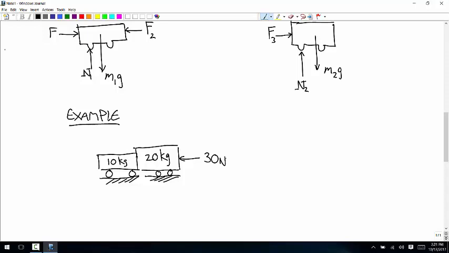Okay, so let's say we want to know what's the force applied on the 20 kilogram cart by the 10 kilogram cart.